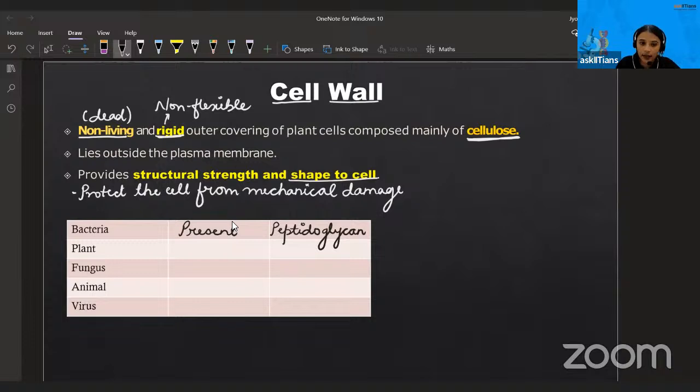And in plant also this cell wall is present, and in plant it is made up of cellulose. Now, if I talk about fungus, yes, in fungus also this cell wall is present, and it is made up of chitin, right? But in animal and virus, this cell wall is absent, right?